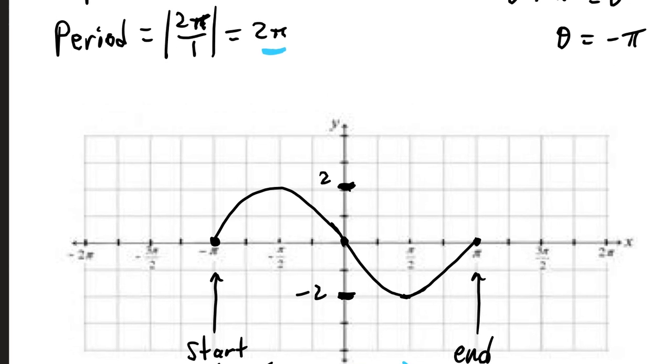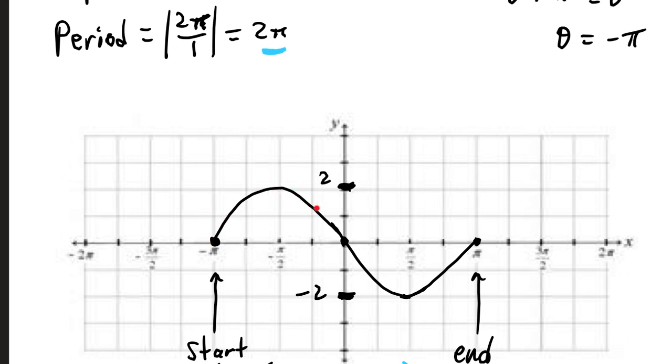There we go. The amplitude was 2, so our new max and mins are 2 and -2 respectively. Our phase shift was negative pi, that's where the cycle starts. The period was 2 pi, that's the horizontal distance from where your start to where your end happens. Negative pi plus 2 pi was positive pi, so that's where we quit.